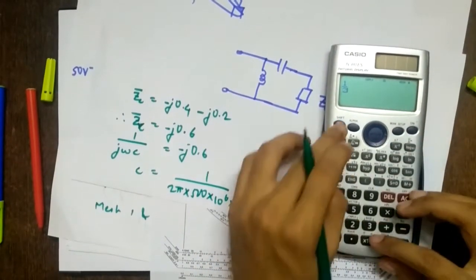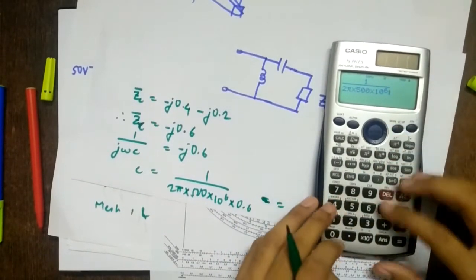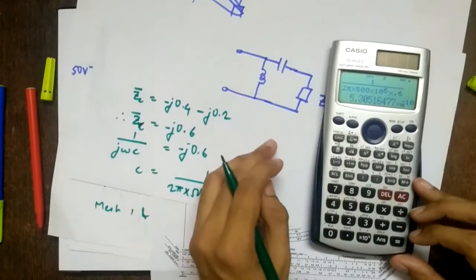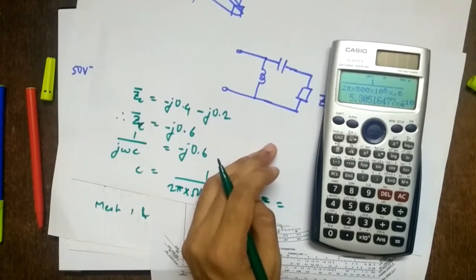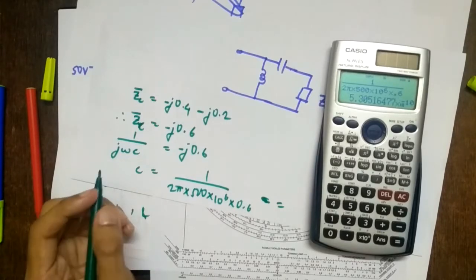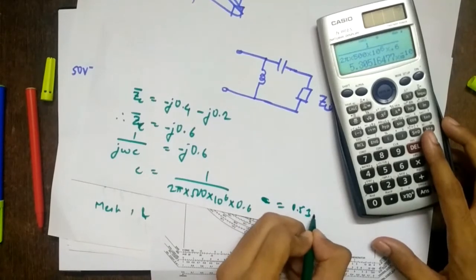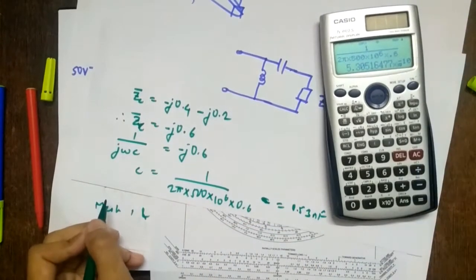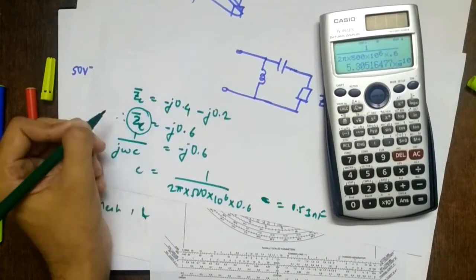So it is 0.53 nanofarads. Oh, again I made a mistake. What mistake did I make? This is ZC bar, so we have to denormalize it.